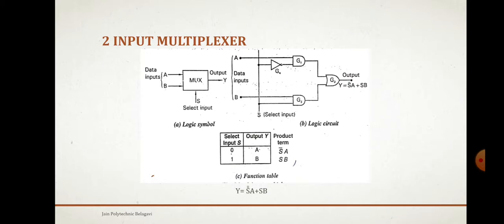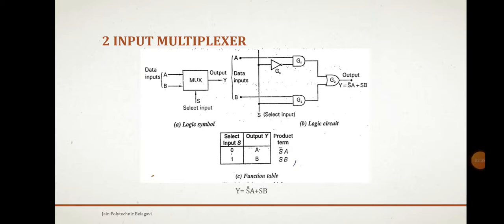Suppose s equal to 0, you will get Y equal to A, whatever the data input is, and the product term will be s bar A. Suppose s equal to 1, you will get output Y as B, and the product term will be sB. So the Boolean expression will be Y equal to s bar A plus sB.